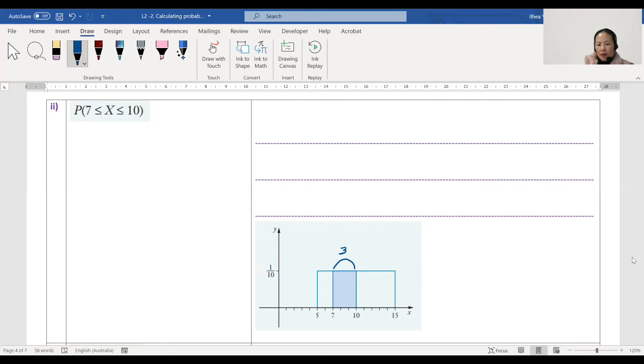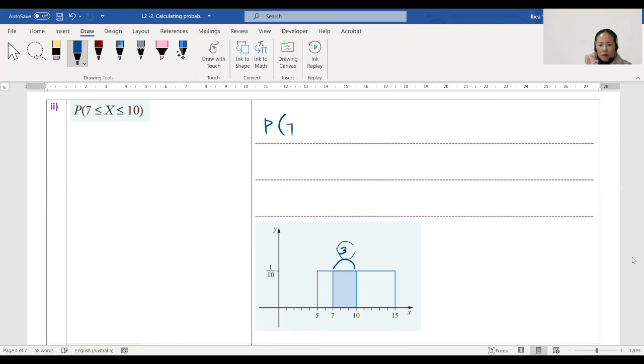Because in the second part it was whatever the gap is over 10, it will be 3 over 10, because we are looking for area. My base is 3, and base times height, which is 1 over 10.